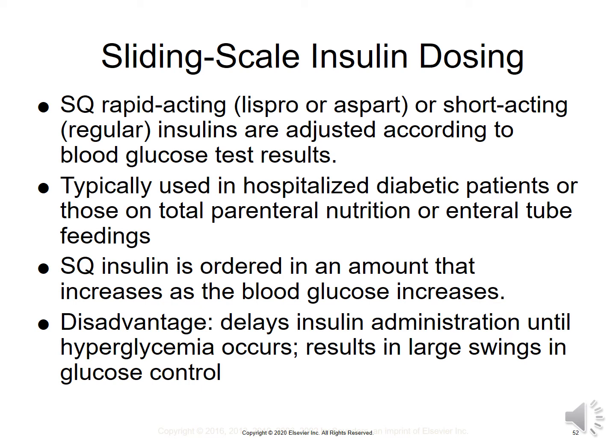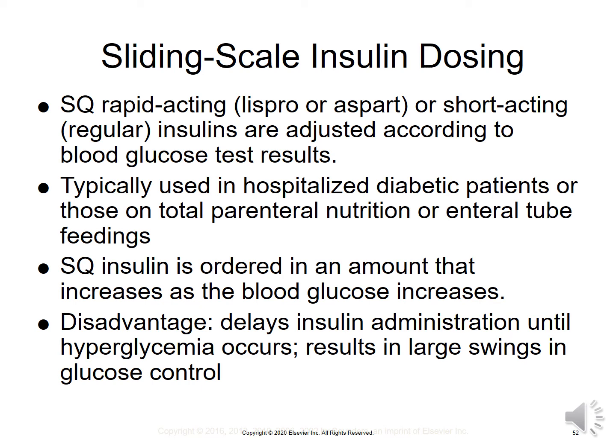Sliding scale insulin. You're going to have sub-Q rapid acting Lispro, Aspart, or short acting like regular insulins that are adjusted according to the blood glucose test results. Okay, these are typically used in hospitalized diabetic patients or those on TPN or enteral tube feedings.